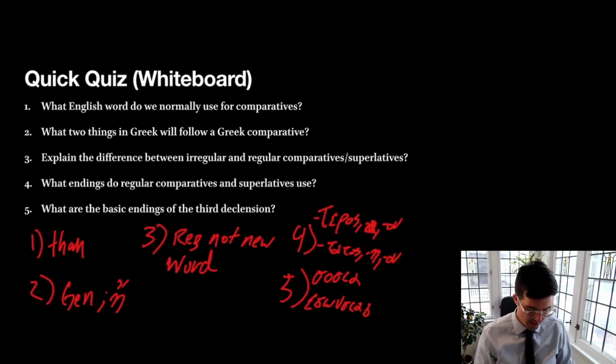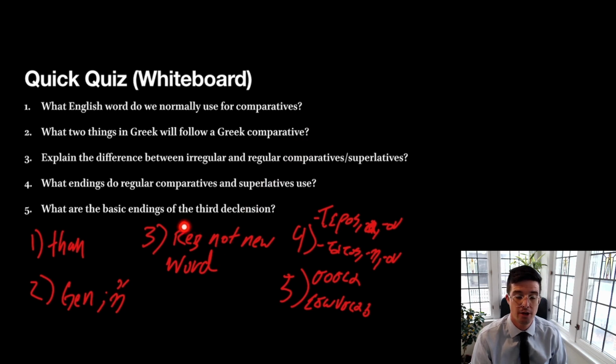All right, you should have something like this. Number 1, the English word we normally use is than. The two things that are going to come after a comparative in Greek are either something in the genitive case, the object of comparison in the genitive case, or we'll see this little word e. Explain the difference between irregular and regular comparatives or superlatives.